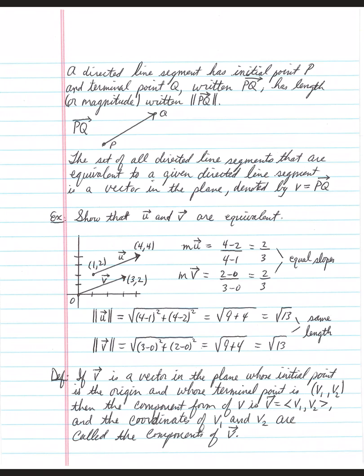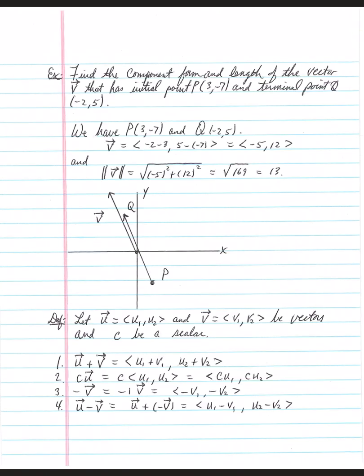And the coordinates v1 and v2 are called the components of vector v. In fact, let's look at the example above. If you were to take vector u, pick it up, and change the initial point to the origin, then v is actually the component form of u.